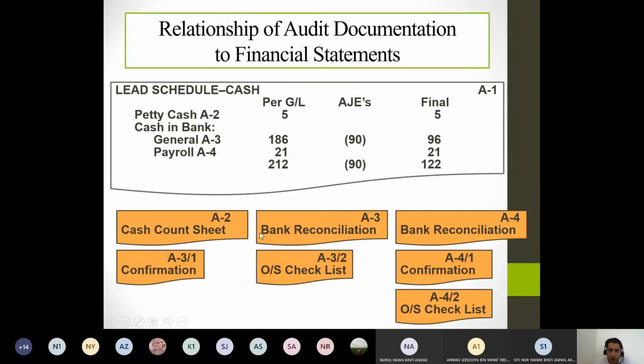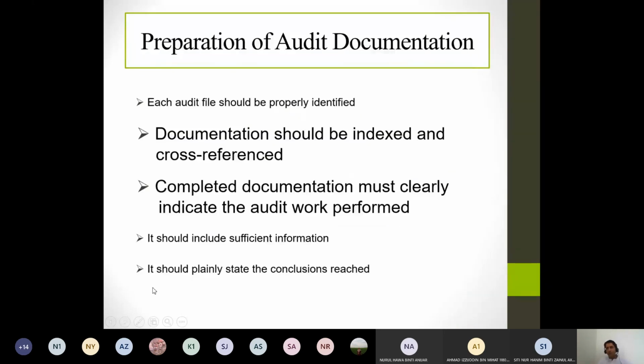Bank reconciliation can also refer to the general cash in the bank, and cash account sheets are also about the cash, and so on. It is about referencing.